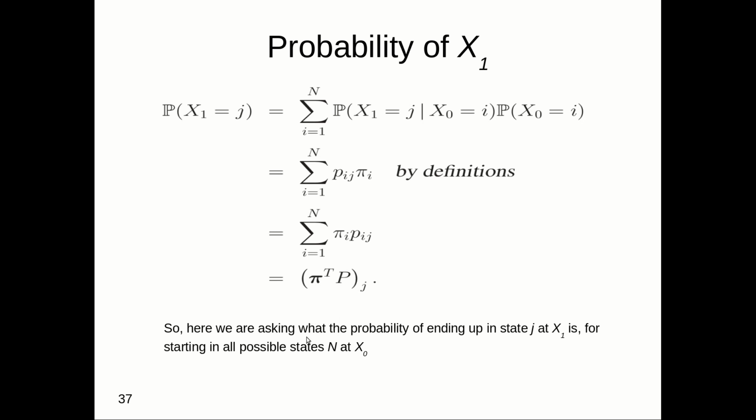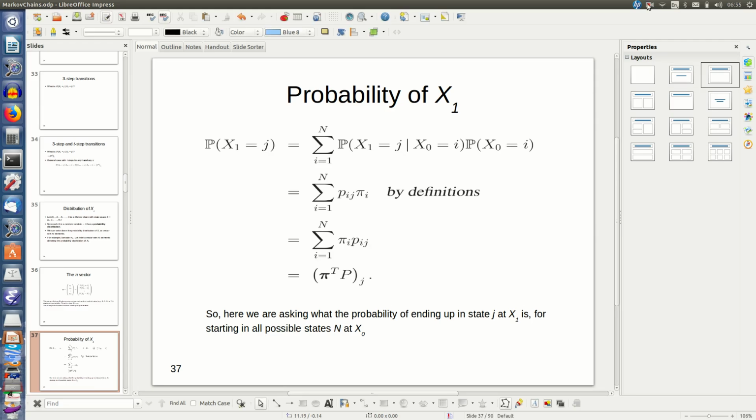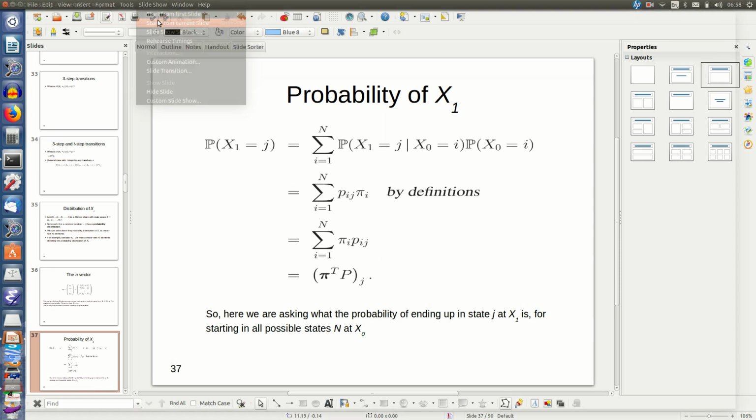So here we're asking what the probability of ending up in state j at x1 is, for starting in all possible states n at x0. Okay.